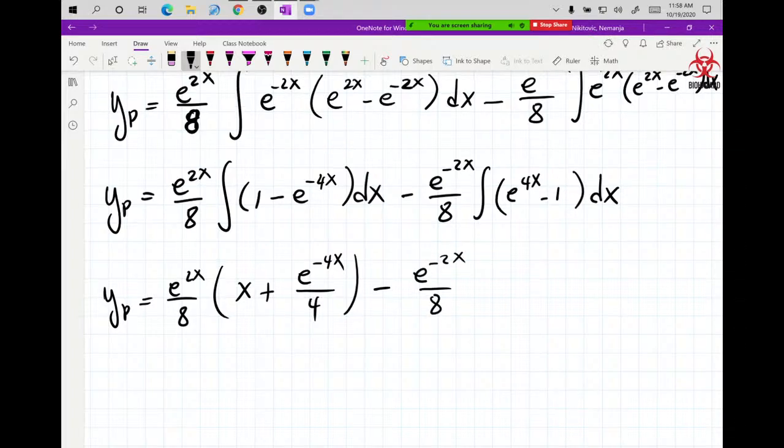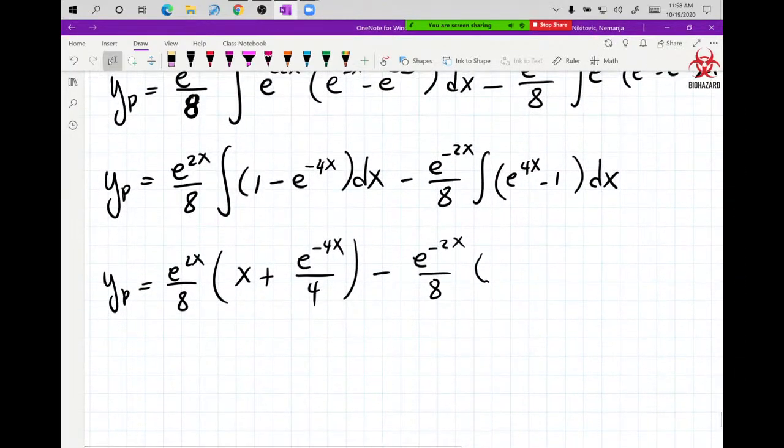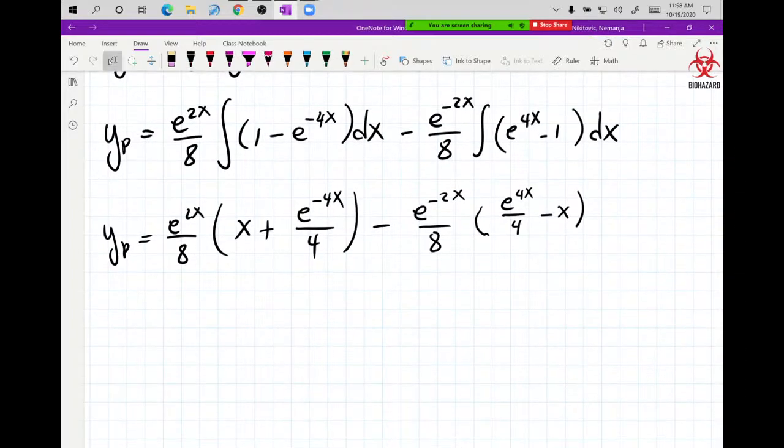And then we have e to the 4x over 4 minus x. You distribute the ones in front. More algebra.